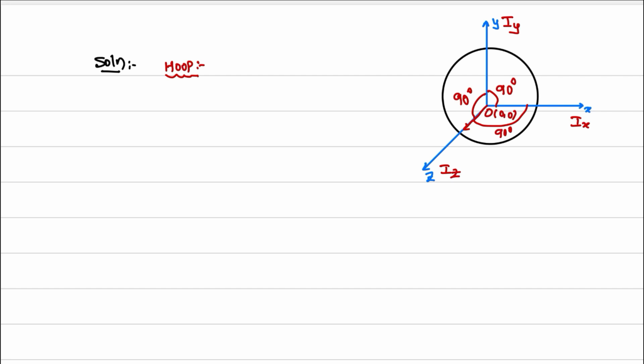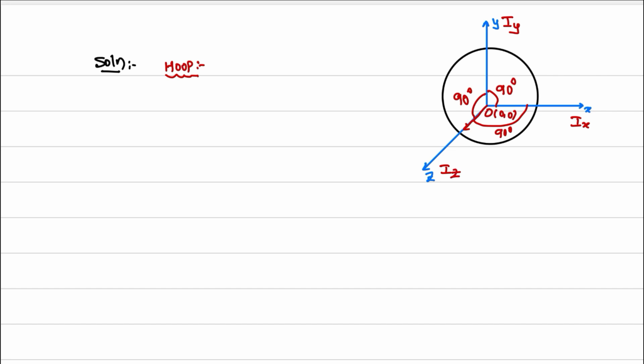That's our consideration as far as this problem is concerned. You can consider any plane. For example, if you consider the zx plane, perpendicular to the zx plane is the y axis. If you consider the yz plane, perpendicular to the yz plane is the x axis. We are considering the xy plane and perpendicular to it is Iz.